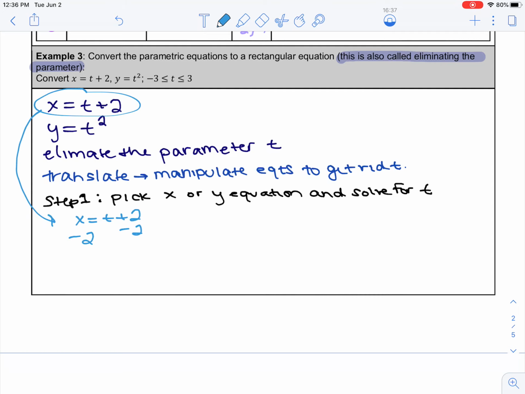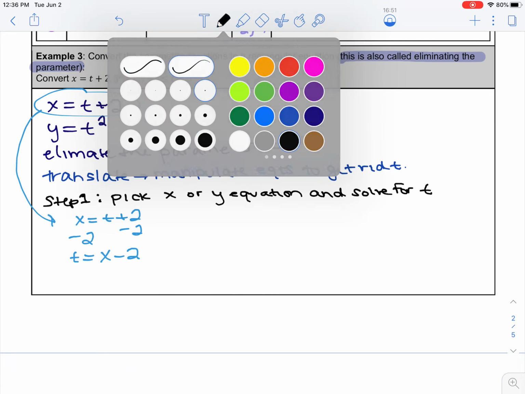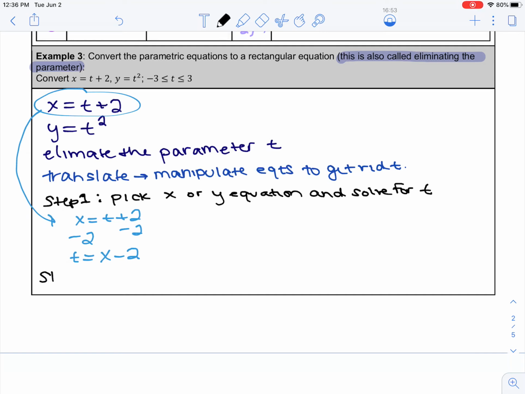So what we've done is we've taken our x of t equation and we've manipulated it to show us that t can be said to be equal to, or the same thing as, x minus 2. So what that allows us to do is substitute or plug that in to the other equation.